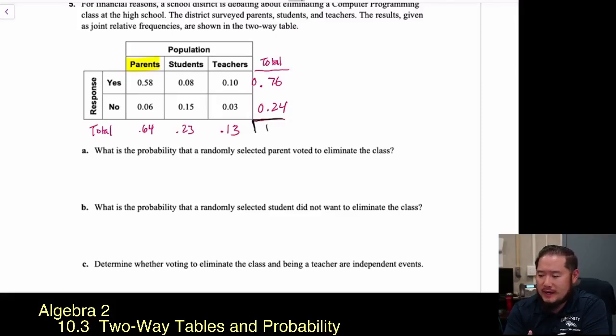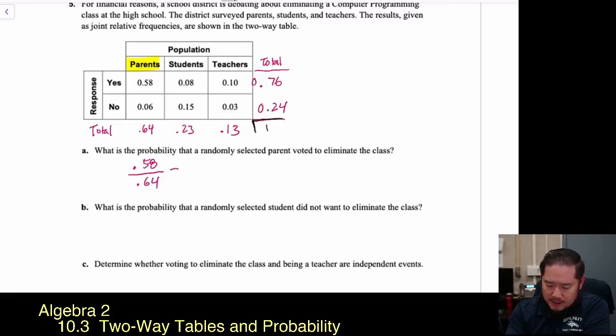So that would be a yes vote. Let's take the number of yeses, which is 0.58. And then we're going to create a probability, which would be a ratio. Let's divide that by the total number of parents, and that would be 0.64.